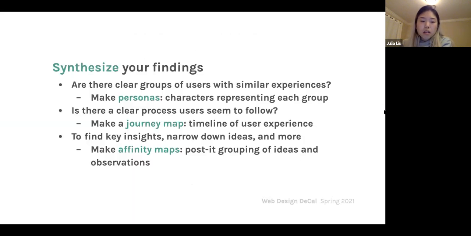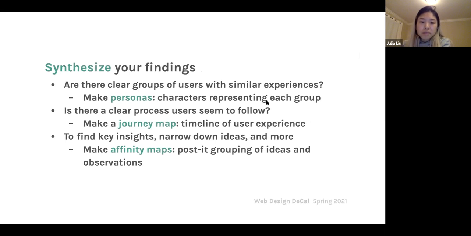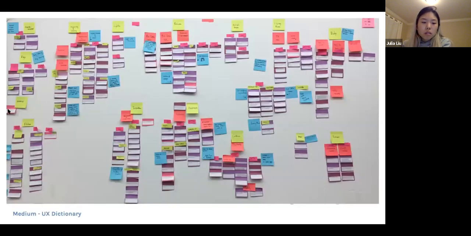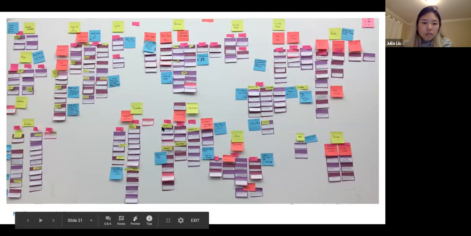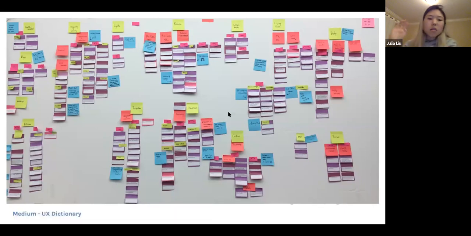Yeah, and then also to take in key insights and narrow down ideas, a good thing to do is to affinity map, which is grouping ideas together and drawing observations from it. So this is like a wall of sticky notes.